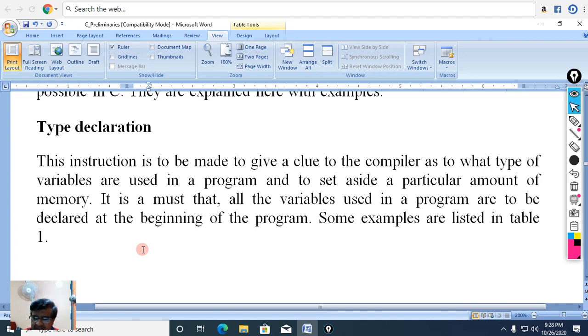For example, for integers it will keep 2 bytes of memory allocated, and for floats it will reserve 4 bytes. A long float will consume around 8 bytes of memory, and a character variable will consume 1 byte of memory. Before we use the variables in the running program, it is a must that they should be declared beforehand.